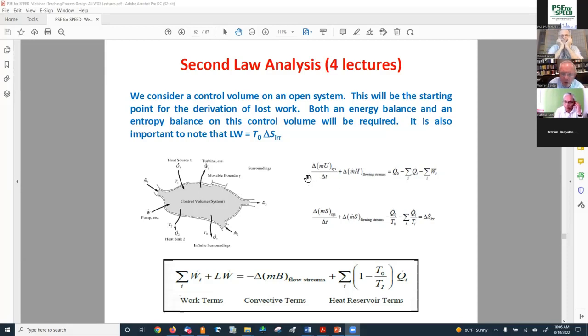So now when we do the energy balance, there will be a change in time when it's not steady state in the control volume. We ignore that in most of what we do in the chapter. And here we just have the change in enthalpy flow rate of the flowing streams.